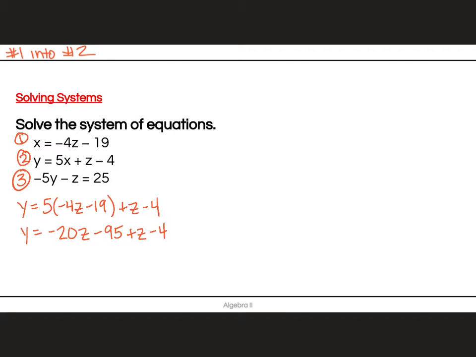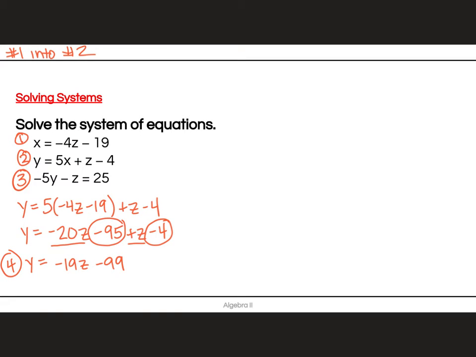Combining like terms, a negative 20z and a positive z means y is equal to negative 19z, and negative 95 minus 4 is negative 99. So y is equal to negative 19z minus 99. That's going to be my equation number 4.